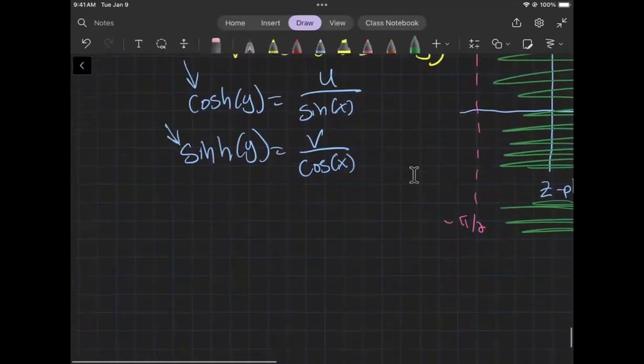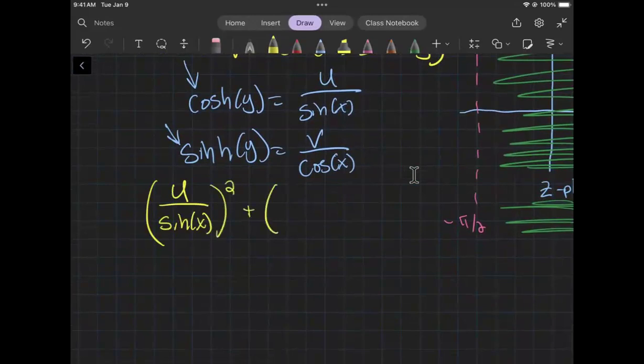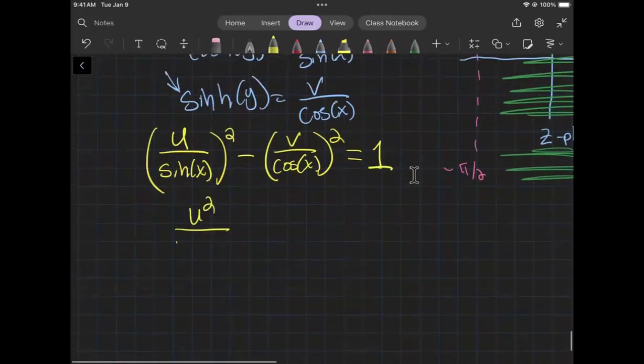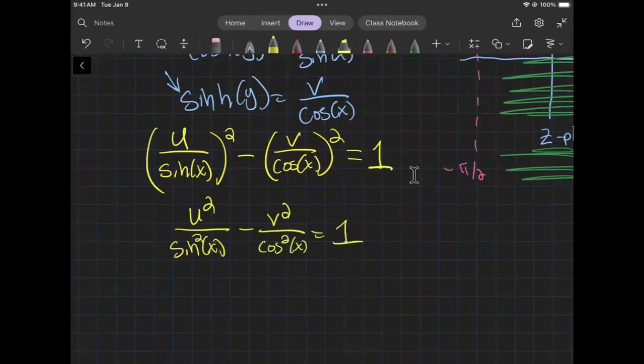By using this hyperbolic trig identity, hyperbolic cosine squared of y minus hyperbolic sine squared of y equals u over sine of x squared minus v over cosine of x squared, which equals 1. Therefore, we have u squared over sine squared of x minus v squared over cosine squared of x equals 1.